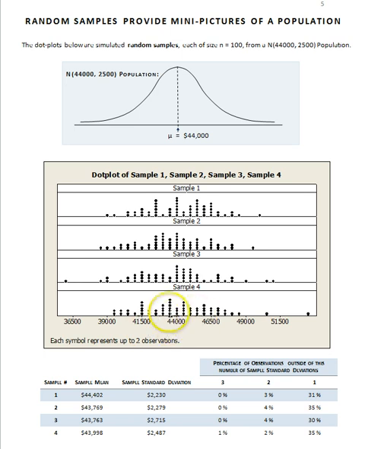Similarly, given the spread, it would be reasonable to assume that the sample standard deviation and the population standard deviation would be very close. What we've obtained in all 4 of these samples is a mini picture of the population. Not a perfect picture, but definitely close.